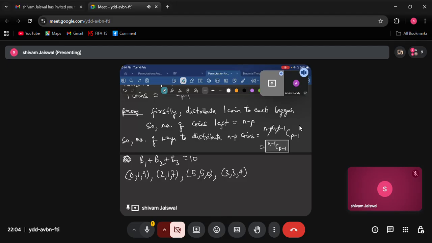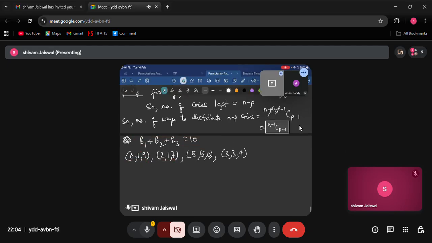Yes or no? Tell me, everyone. These are the possibilities. So what are these? These are actually non-negative integral solutions of this equation. All these are non-negative integral solutions of this equation.